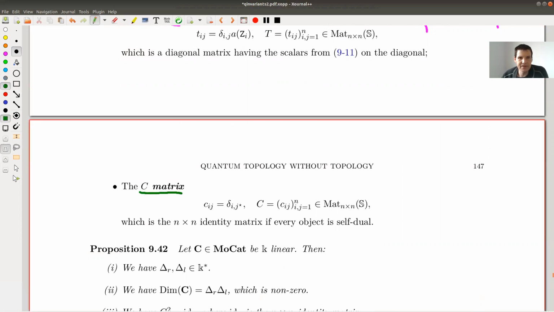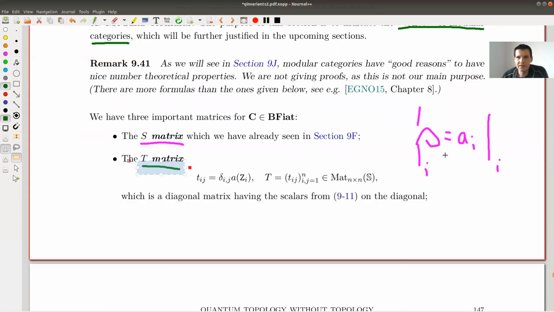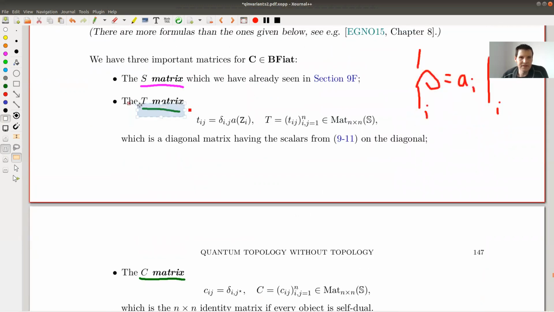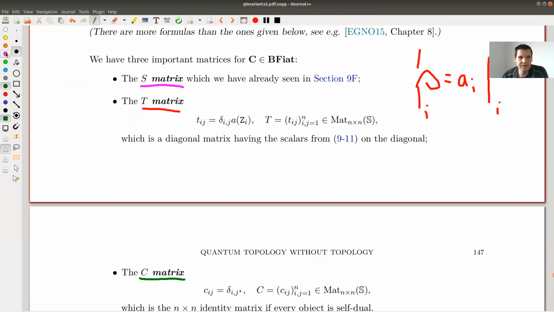That's a bit complicated anyway. So you have an S matrix, you have a T matrix, and you have a C matrix. So the T matrix is just collecting those scalars. The S matrix is, this was the Hopf link. The T matrix is just collecting those Reidemeister 1 scalars, so R1.